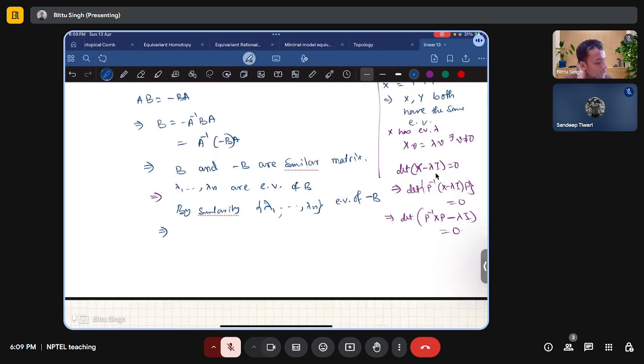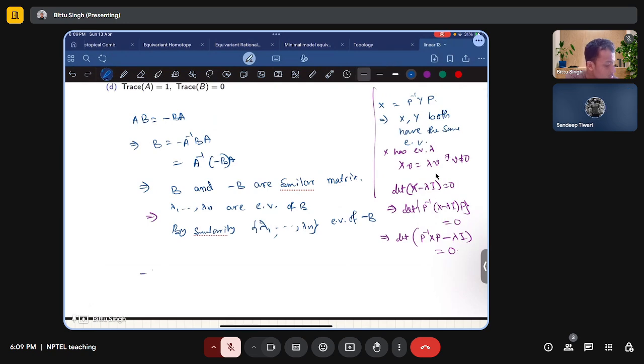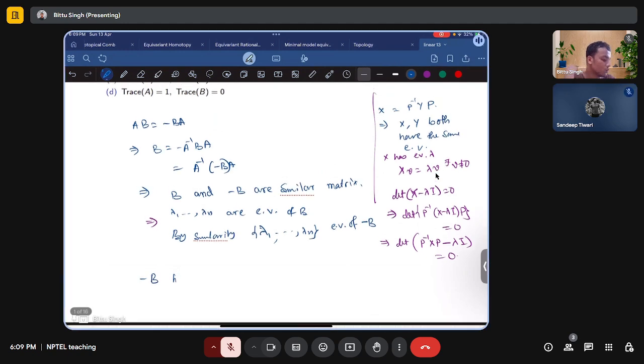But we also note that minus B has eigenvalues minus lambda 1 up to minus lambda n.